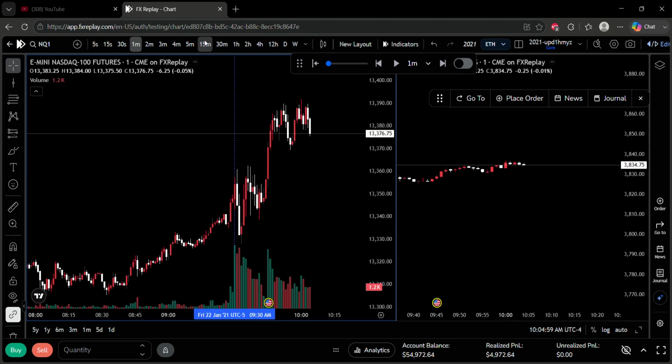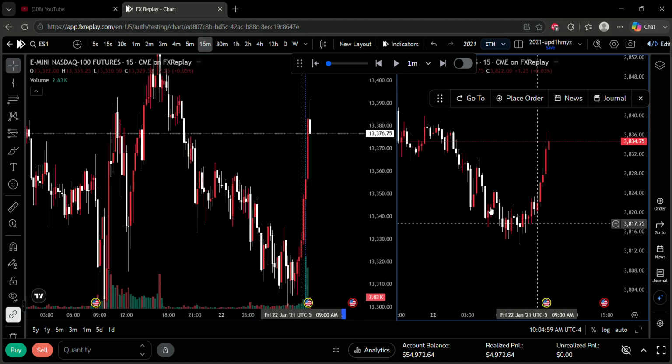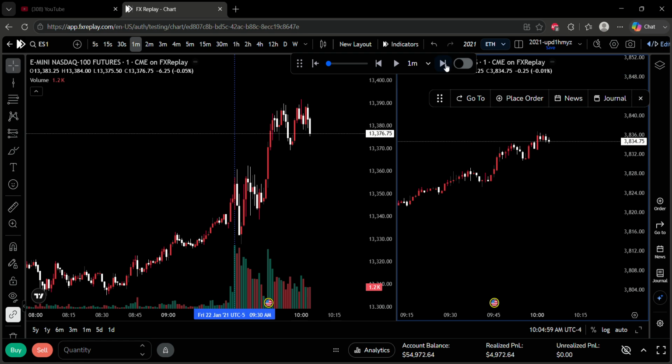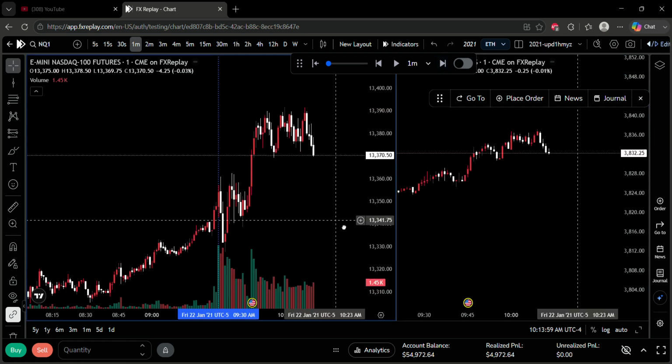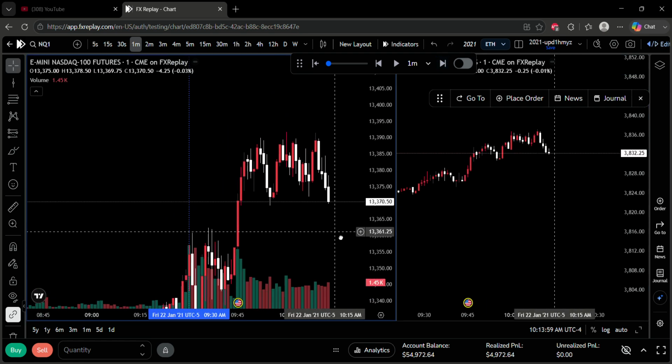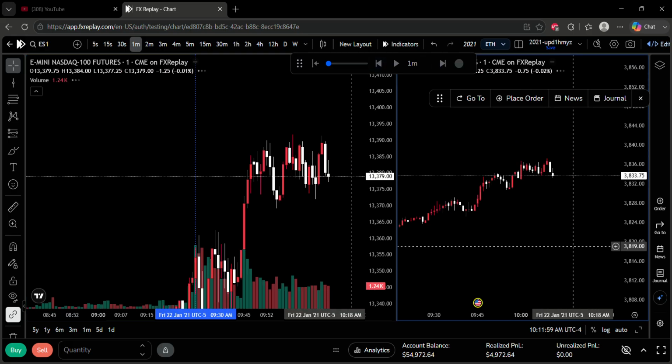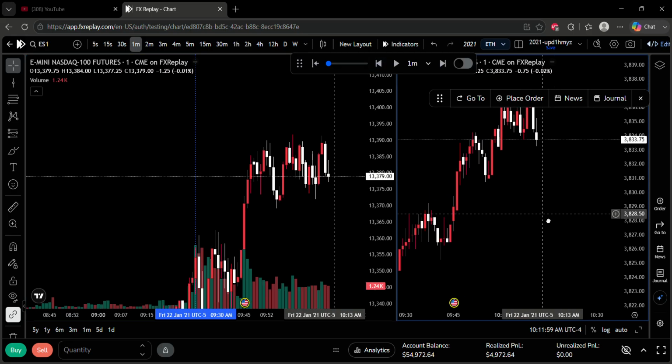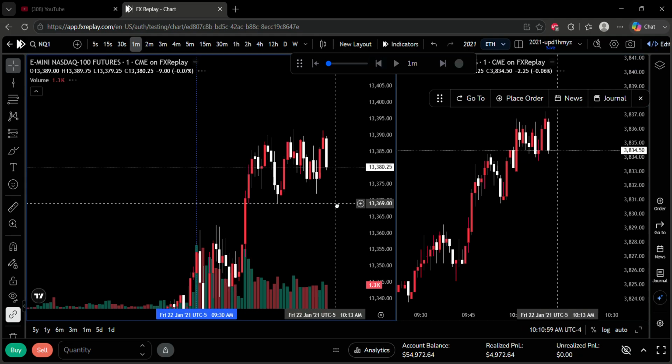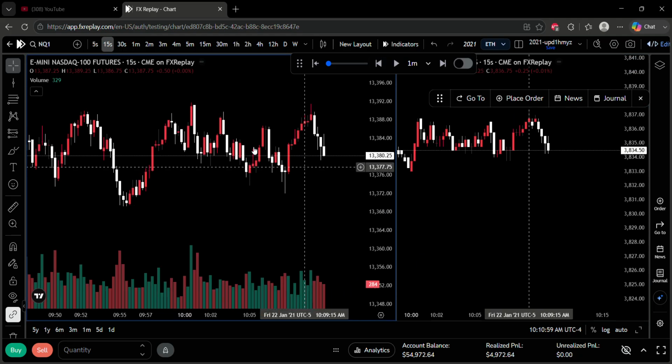Not something I would take ever. If the structure was good, I definitely would, but it's just not good. Ooh. Look at this 1 minute. ES structure.